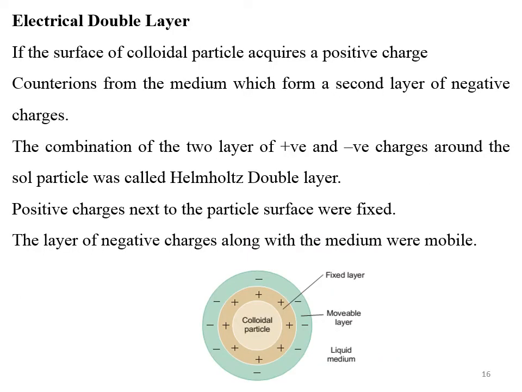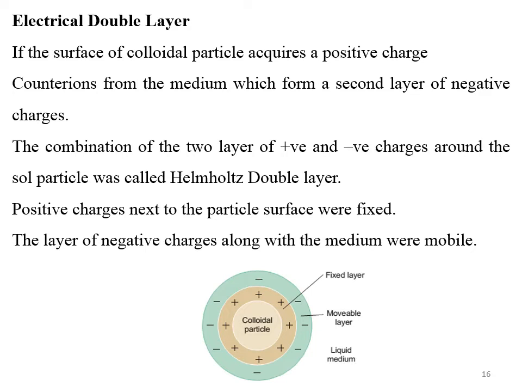A very important phenomenon in the electrical properties of colloids is the electrical double layer. If the surface of the colloidal particle acquires a positive charge by selective adsorption of a layer of positive ions around it, this layer attracts the counter ions from the medium, which form a second layer of negative charges.